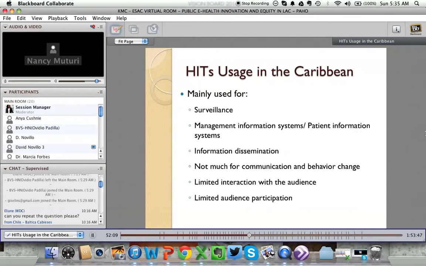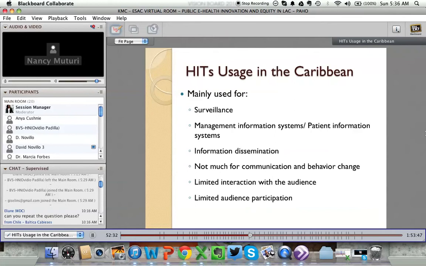So in regard to the Caribbean, there's plenty of ICT use in the region, particularly for surveillance. I think the first presenters just talked about research and the use of communication technology. That's a perfect example of what ICTs have been used for.